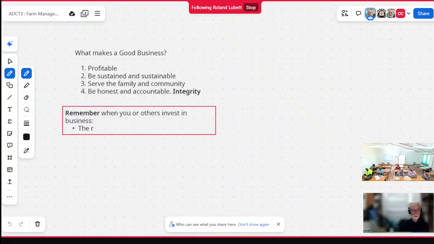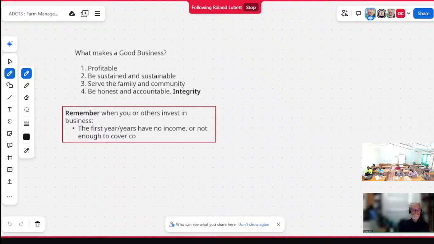The first period, it depends on what sort of business you're running, but the first period, there'll be a negative cash flow in the first years. So there won't be anything coming out.